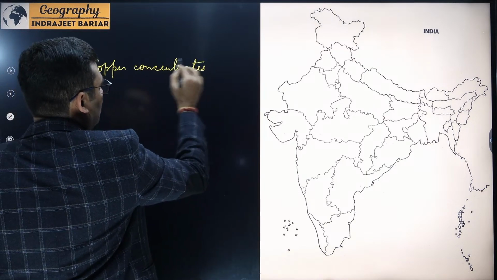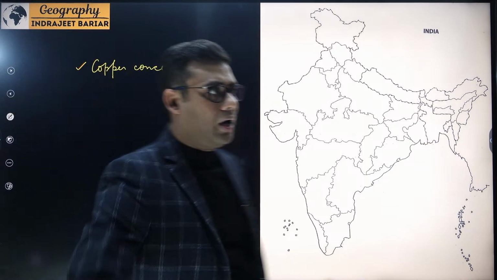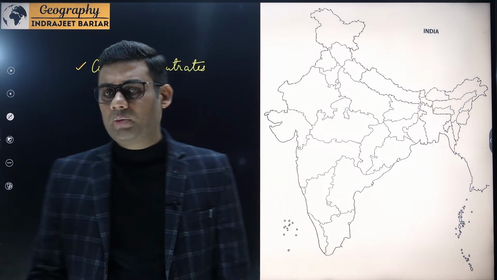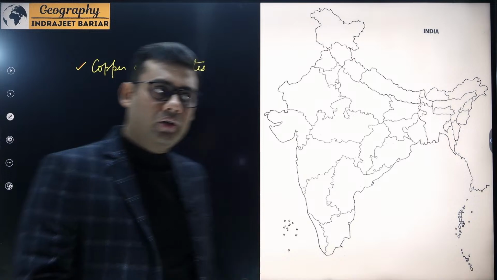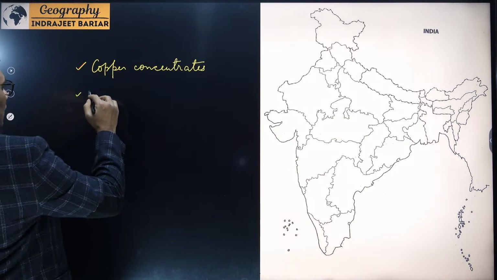Copper concentrate is where, when the copper is mined, the impurities are removed from copper, and what remains is called copper concentrate. Copper concentrate will not have a very high concentration of copper, so it has to be further refined. And the second one is refined copper.